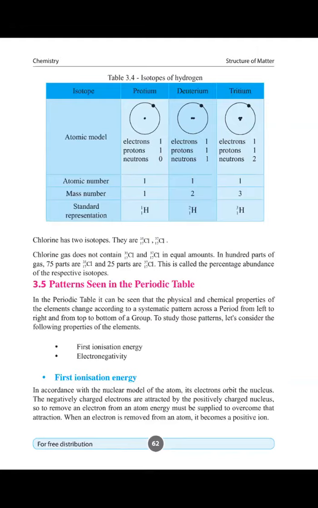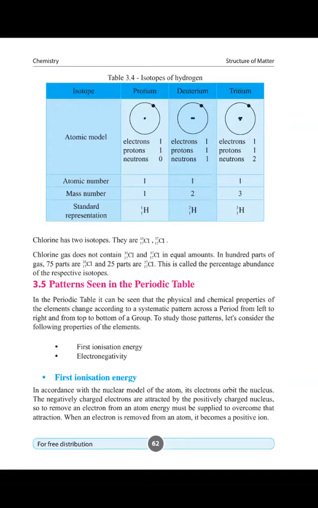In protium, it is 1 plus 0 because there are 0 neutrons. It means 1. In deuterium, mass number is 2. How is that? Protons plus neutrons: 1 proton plus 1 neutron, 1 plus 1, 2. In tritium, 1 plus 2, 3.